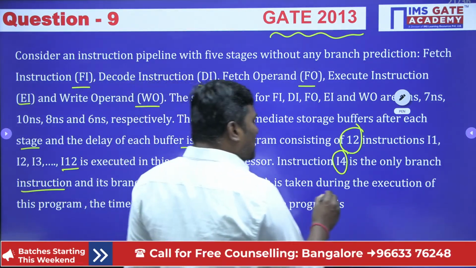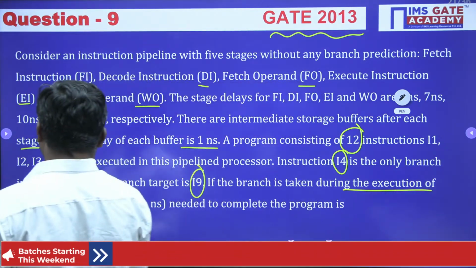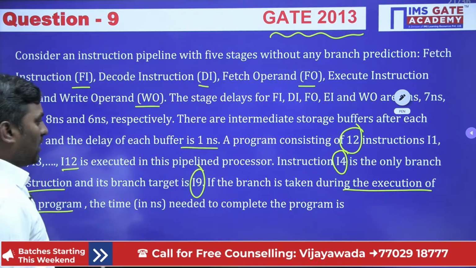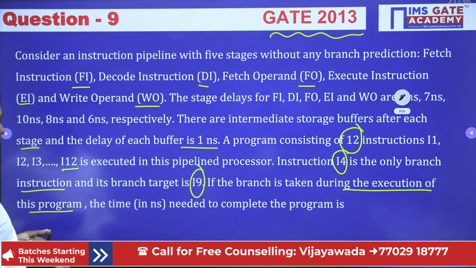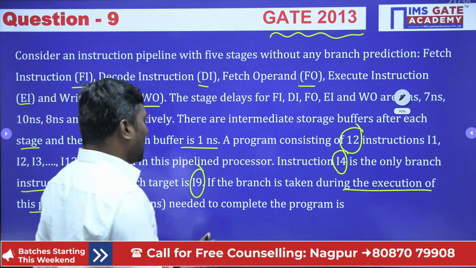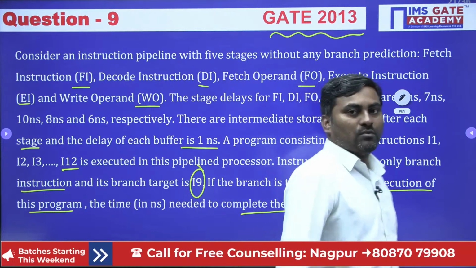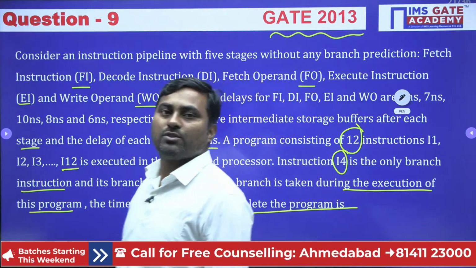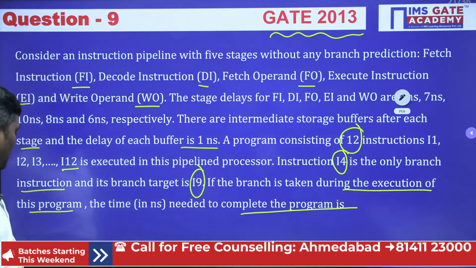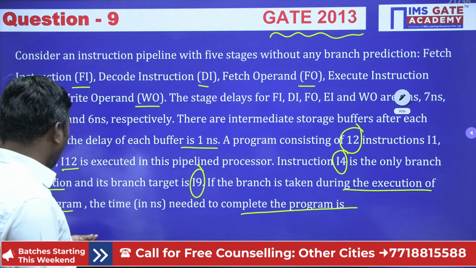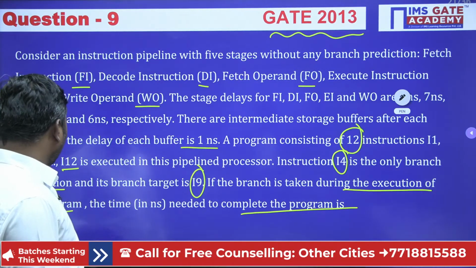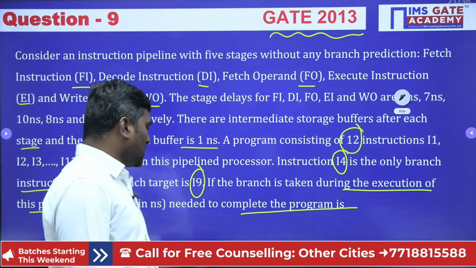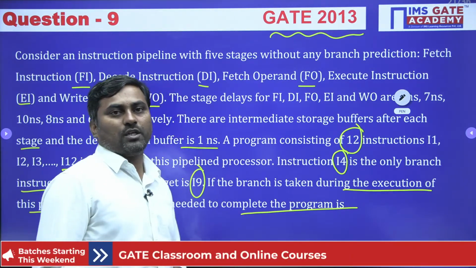If the branch is taken during execution of this program, the time in nanoseconds needed to complete the program is dash. How much time is required? Option A 132 nanoseconds, option B 165, option C 176, option D 328.